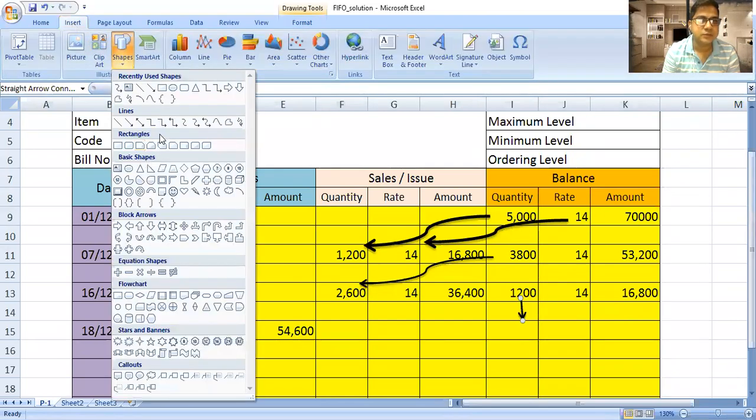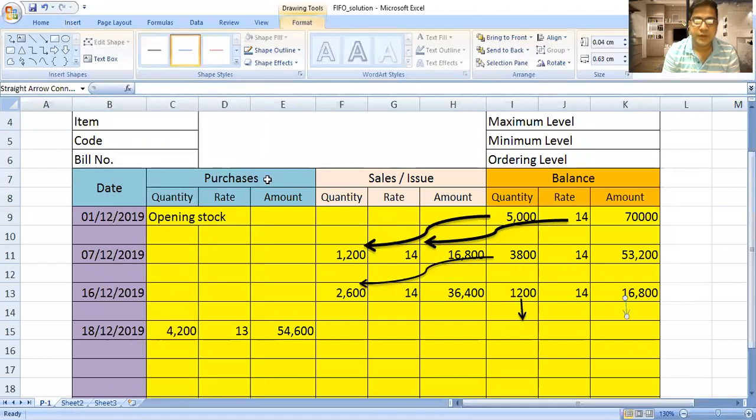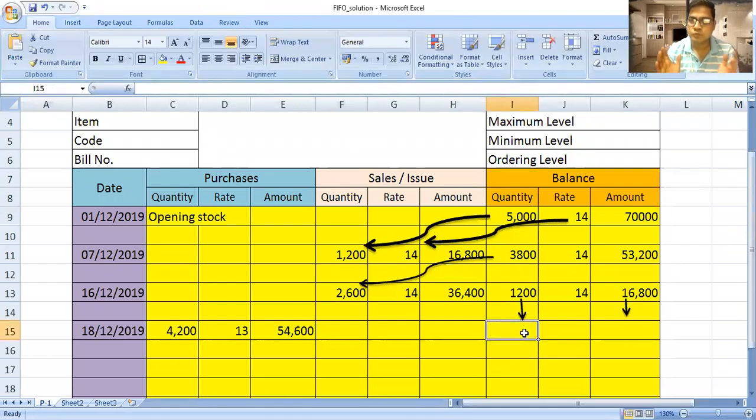There is no change. Total balance, rate also does not change. We have to write the same thing here because this balance is available in our warehouse: 1,200, rate is 14 and value is 16,800.